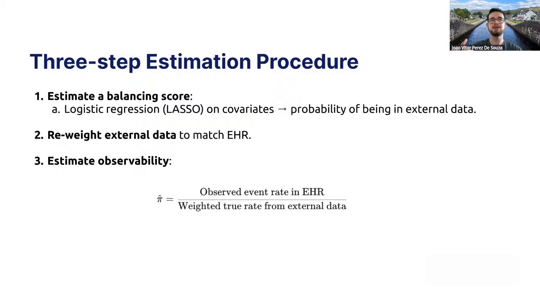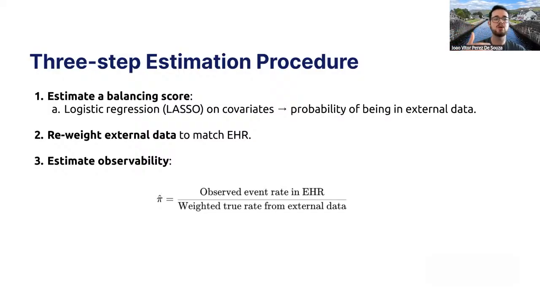And eventually, you can get to something that is an estimate of the rate of observability considering this outside data source. So it is a way for you to transport the information from one system, from one data set to another, sort of adding a weight to your outcome.